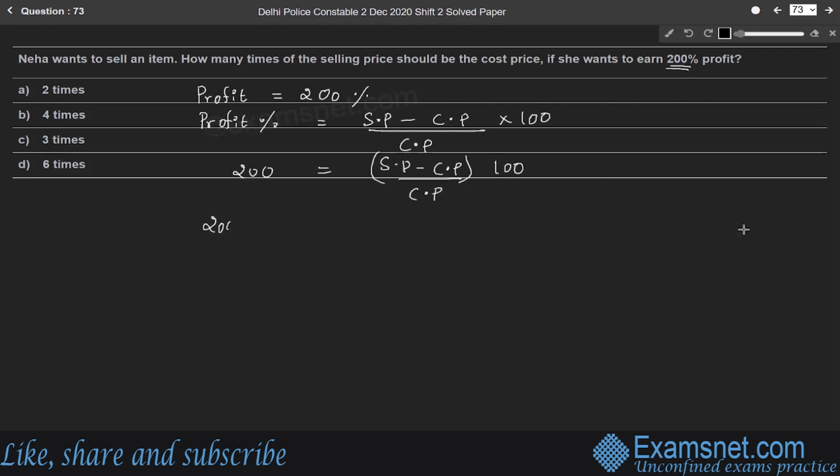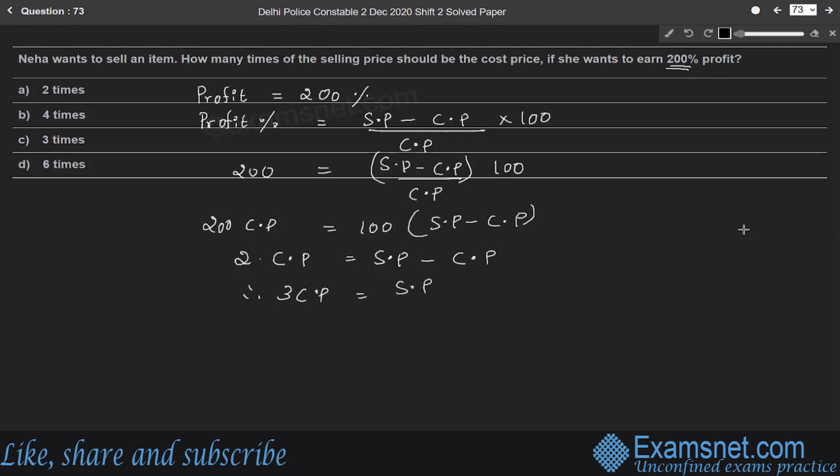So 200 into cost price is equal to 100 into (selling price minus cost price). So 200 by 100, it is 2 times cost price is equal to selling price minus cost price. Therefore, 3 times cost price is equal to 1 time selling price.